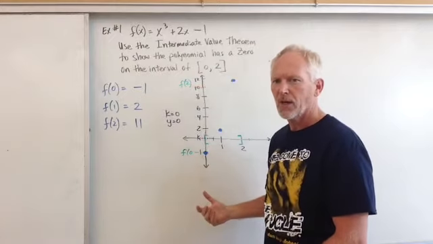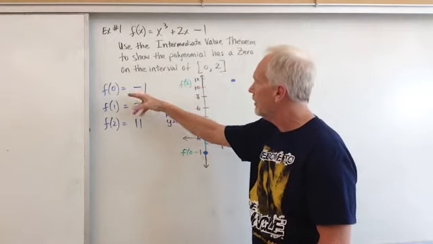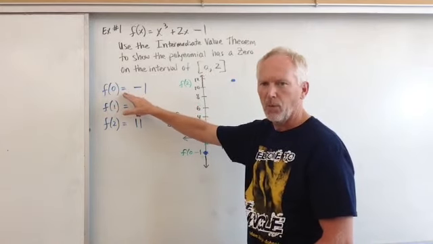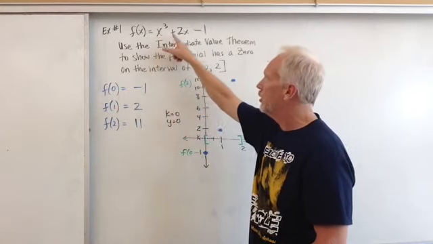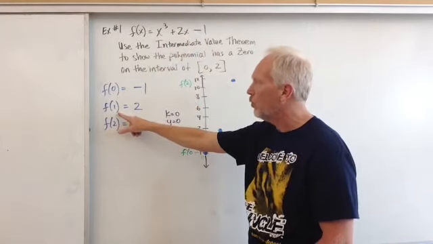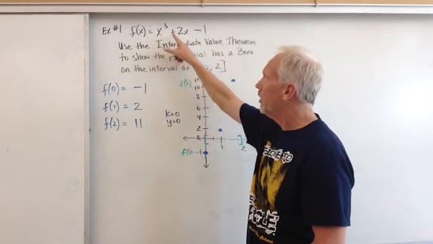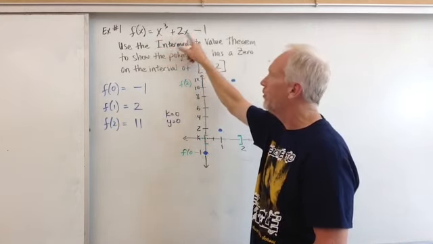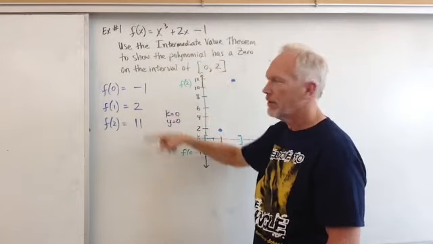So what I've done is I have plugged in from 0 to 2. So 0, what do we get when we plug in 0 to the function? Well, 0 cubed plus 0 is negative 1. If I plug in 1, 1 cubed is 1, plus 2 times 1 is 2, so 1 plus 2 is 3. 3 minus 1 is 2.